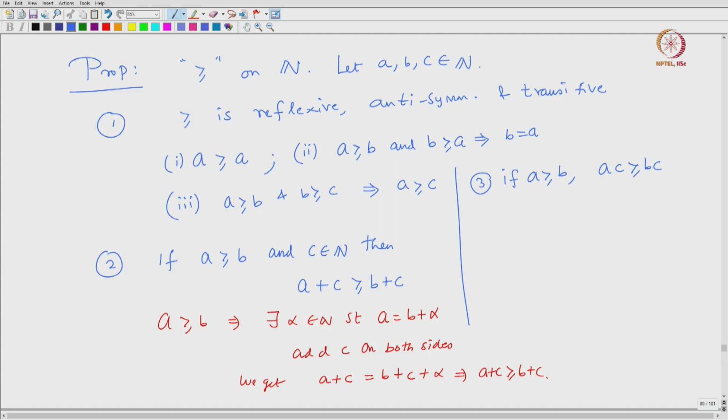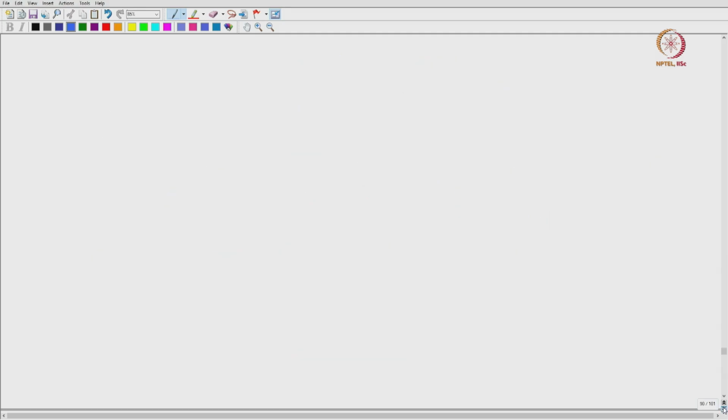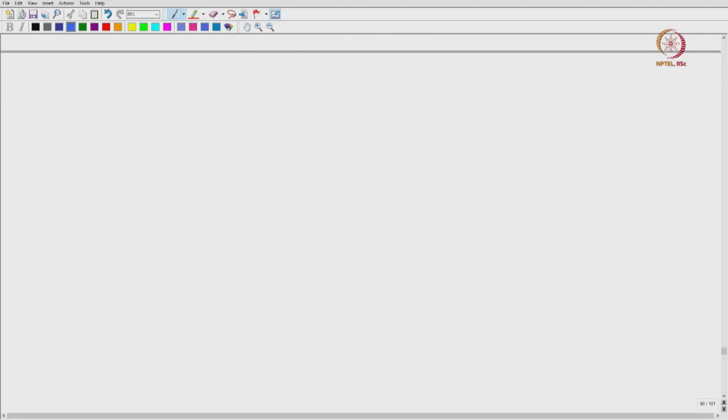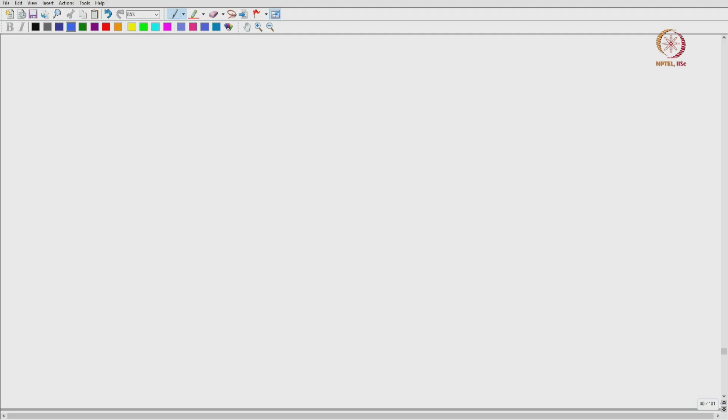The way we prove this again, you have a equals b plus alpha, then multiply by c on both sides, you get ac equals bc plus alpha c, that implies that ac is greater than or equal to bc. Okay. So, now we can characterize when a will be bigger than c.